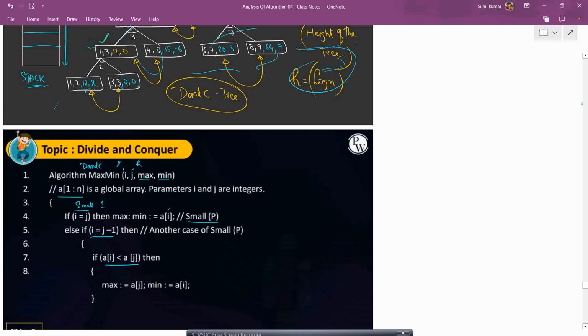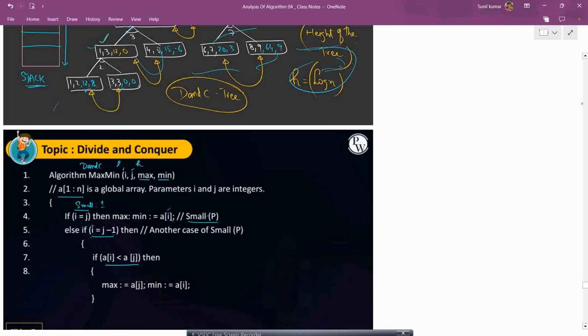So the algorithm MaxMin(i, j, max, min). A[1:n] is a global array, and the parameters i and j are integers. If i equals j, then max and min are a[i].